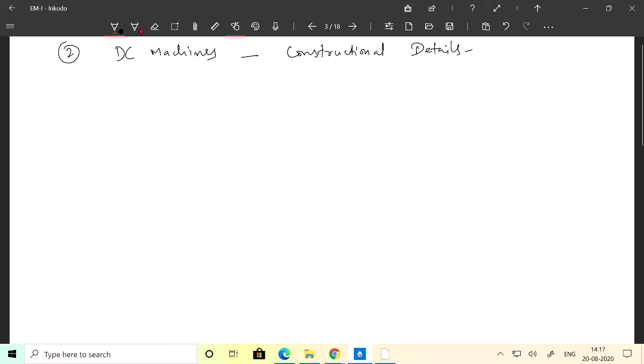Okay, so constructional details. So DC machines, both generator and motor, constructionally they are the same.